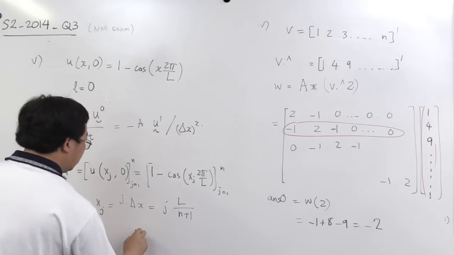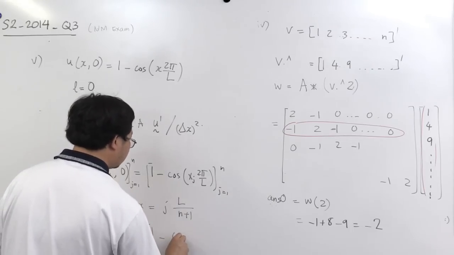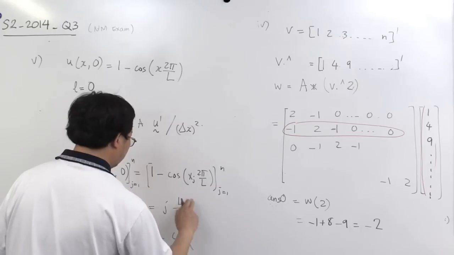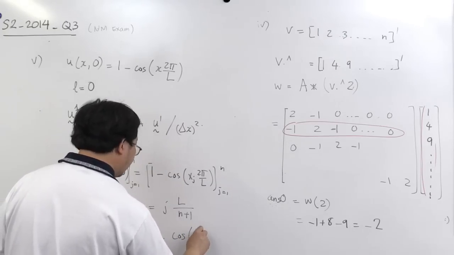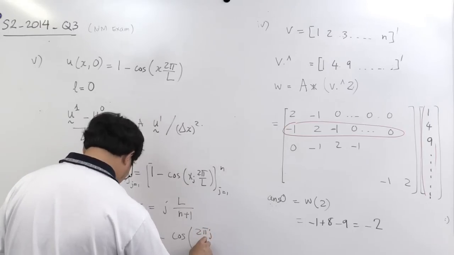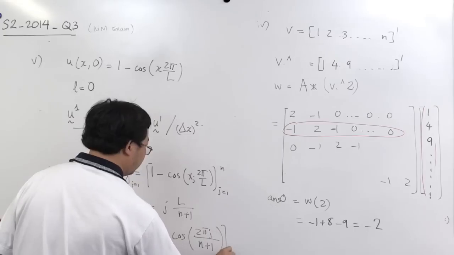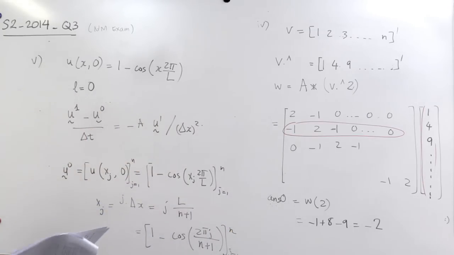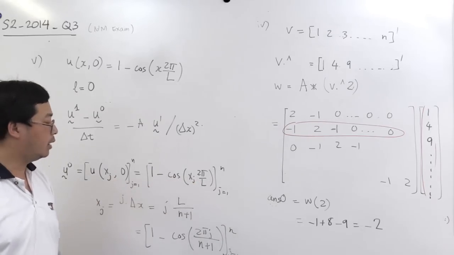It's just 1 minus cosine of 2 pi j divided by n plus 1, j from 1 to little n, because the capital L here cancels with the capital L here.